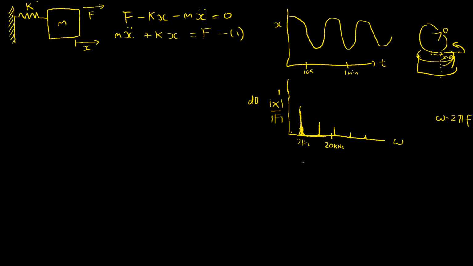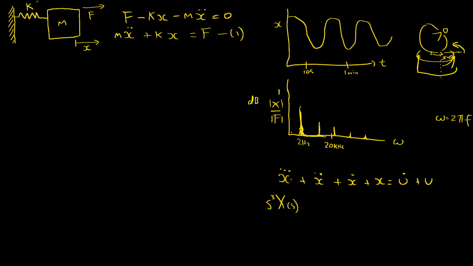So let me just write down what this would look like for a differential equation, a generic one. So let's say we have x triple dot plus x double dot plus x dot plus x is equal to u dot plus u. The Laplace transform of this differential equation would look like s cubed times big X of s.